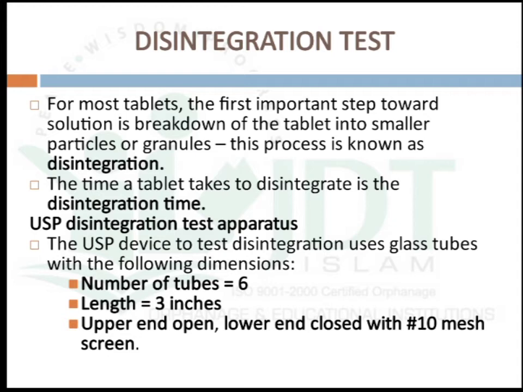To find out this disintegration time, we use the disintegration test apparatus. The USP disintegration apparatus uses a glass tube with the following dimensions: the number of tubes is 6, each tube with a length of 3 inches, and the upper ends of these tubes are open and the lower ends are closed with mesh number 10.